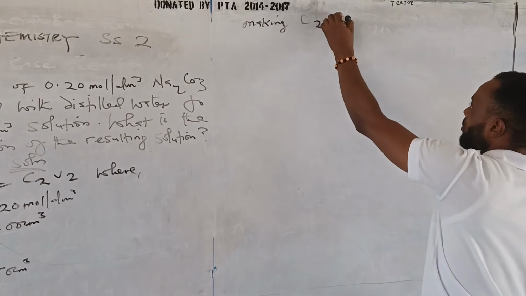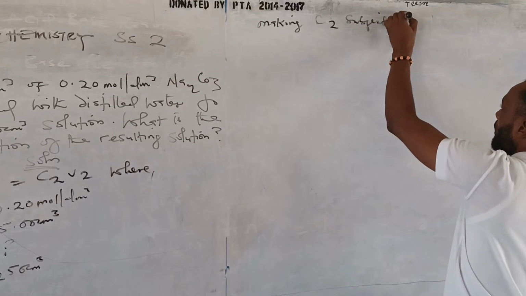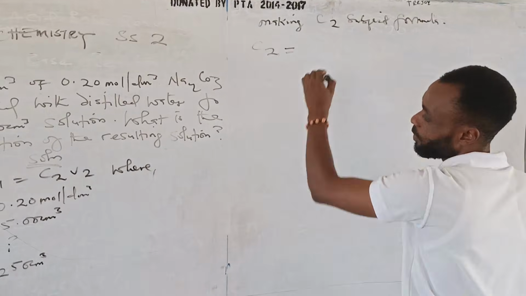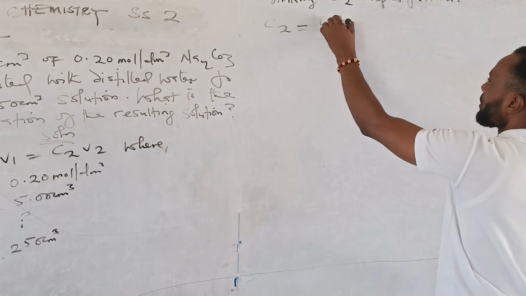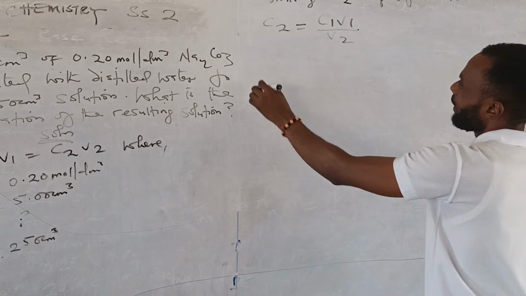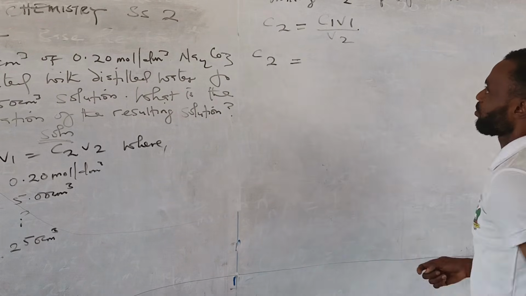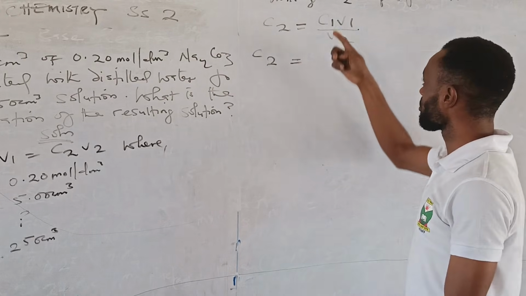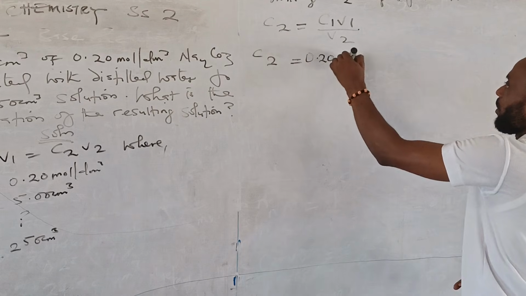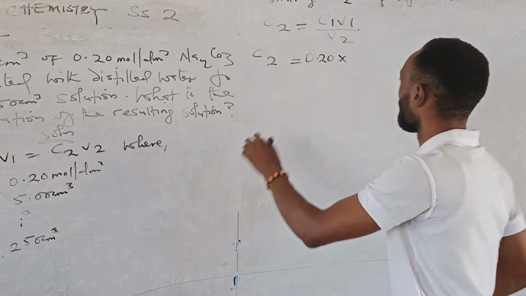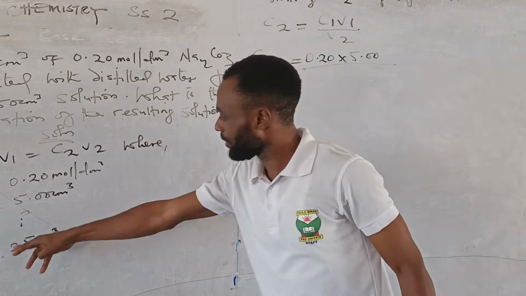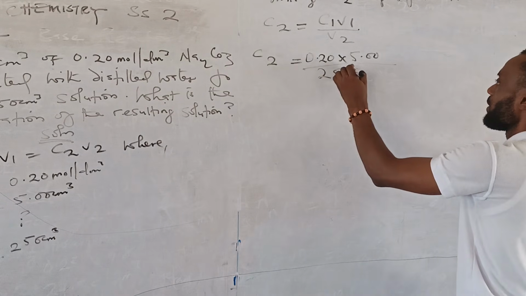Therefore, making C2 the subject of the formula, we have C2 equals C1 V1 over V2. Now we are going to substitute with the given values. Our C1 is 0.20 multiplied by V1, which is 5, divided by V2, which is 250.